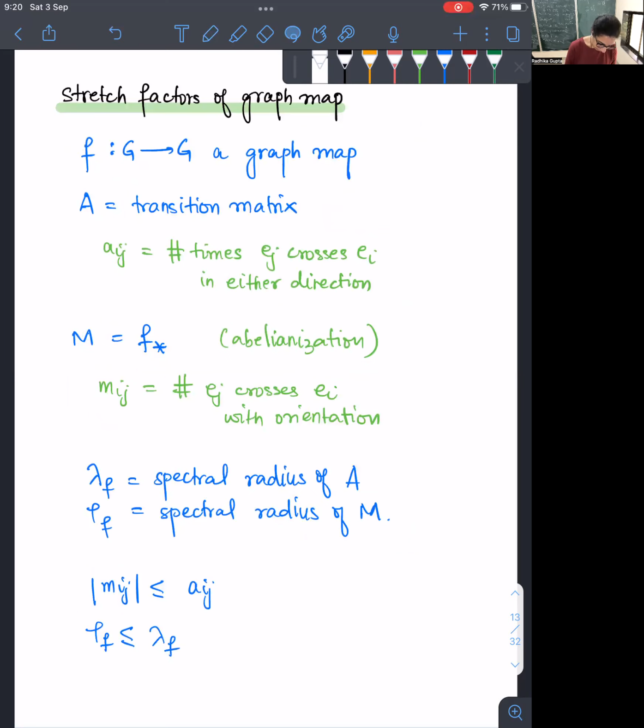Now I can also think of the map induced in homology for this. The graph map induces a map on corresponding homology. Or basically, if I abelianize my graph map roughly, then I can also write a different matrix where I count how many times an edge maps over the other edges with orientation.